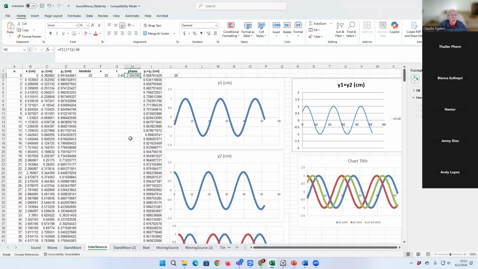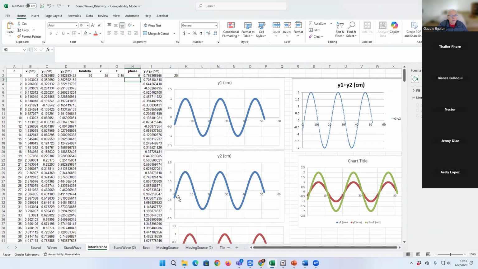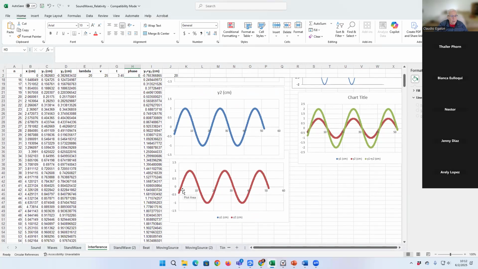When wave 1 is exactly in phase with wave 2, here we have the two waves superimposed because they have exactly the same phase. One is coinciding with the other.